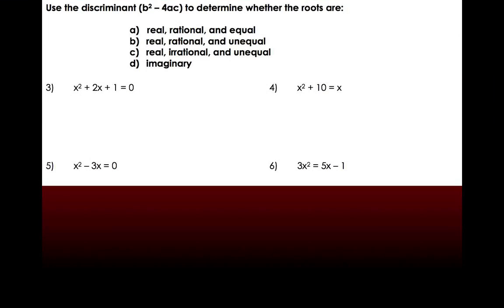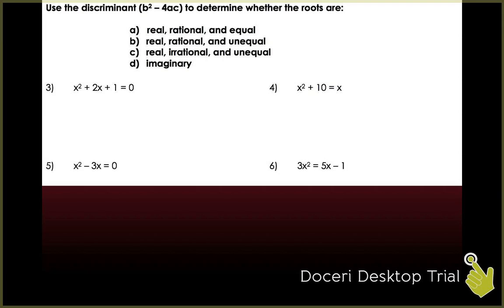We're going to do the first one here. I want you to try the other 3 on your own, and we'll go over them in class tomorrow. So for example 3 here, they're saying use just the discriminant, which is b squared minus 4ac. We want to figure out, are the roots real, rational, and equal?